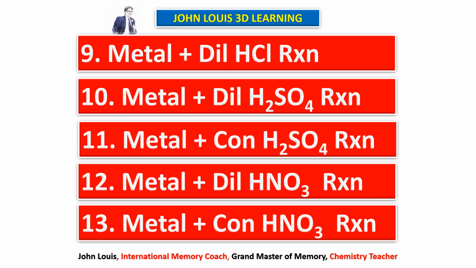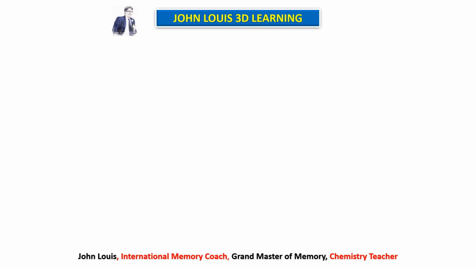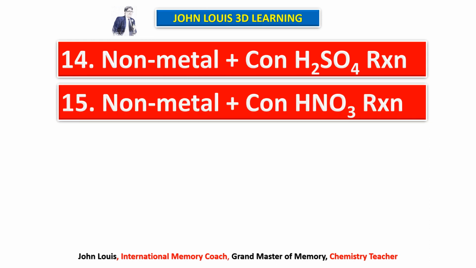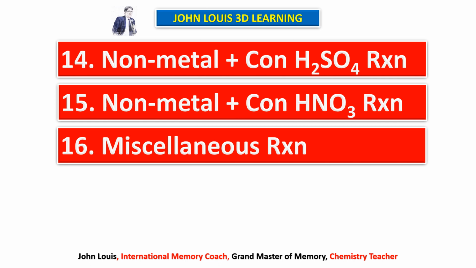Few more are there: non-metal plus concentrated sulfuric acid, non-metal plus concentrated nitric acid, and some miscellaneous reactions. Miscellaneous means those reactions which do not follow any of these types, or a combination of several types. That is what I call a miscellaneous reaction. Now let's go and see one by one.